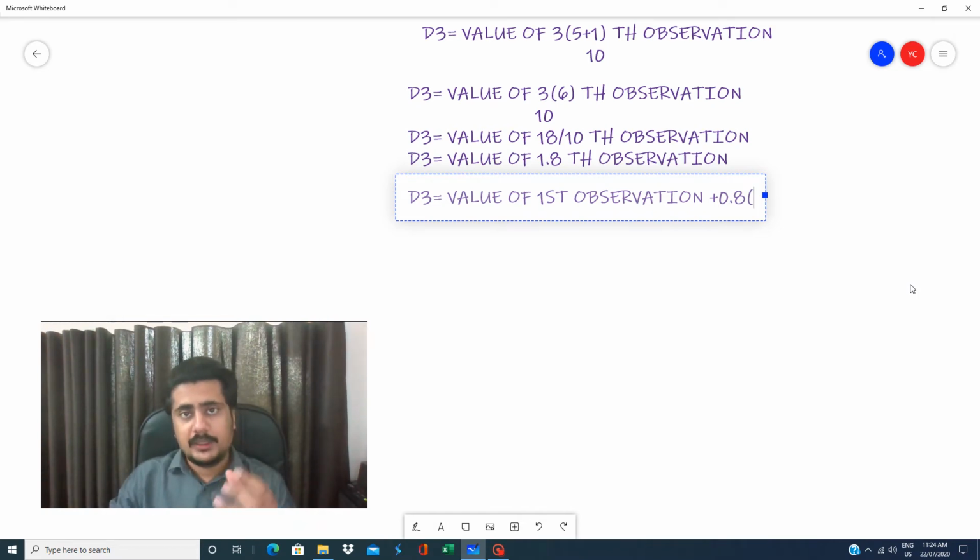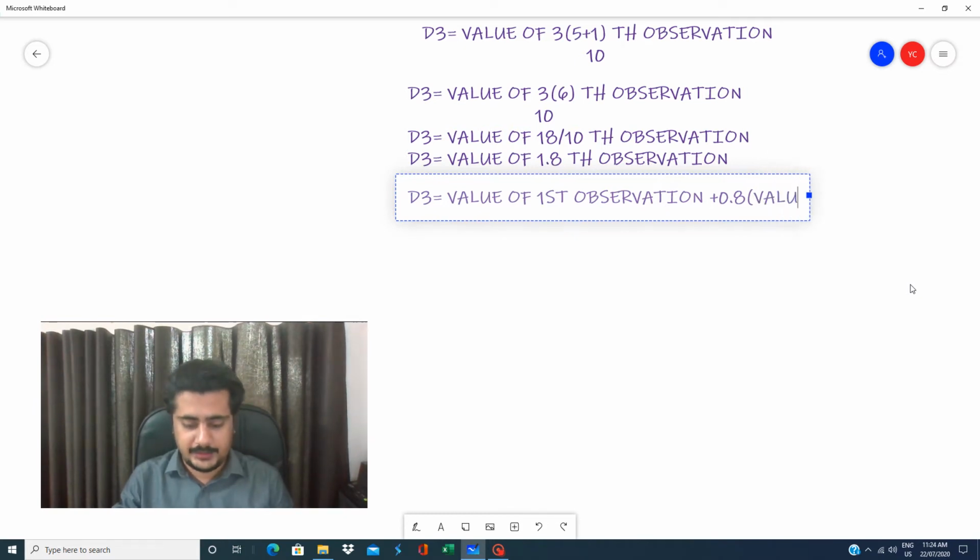How will you multiply? Listen, 1.8 is between which two digits? 1.8 is between first and second digit, that means after 1 before 2. Now in 1 and 2, which is bigger? Obviously second. Which is smaller? First. So you have to subtract the smaller from the bigger.